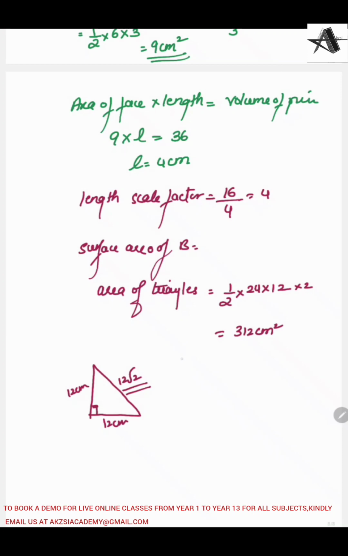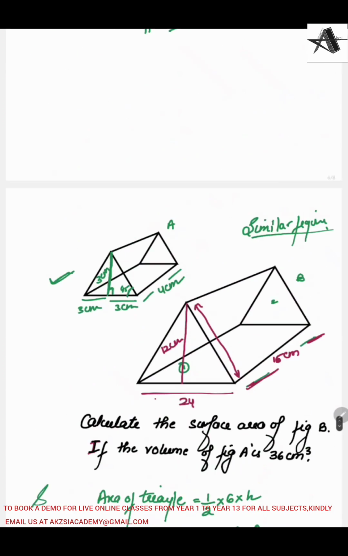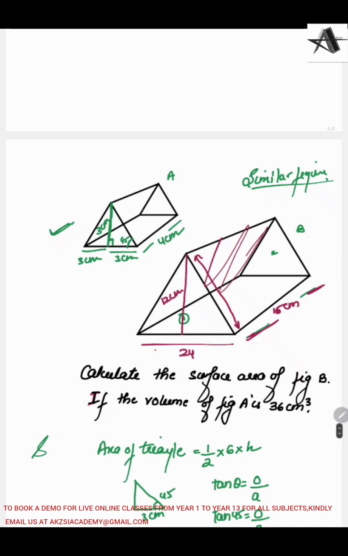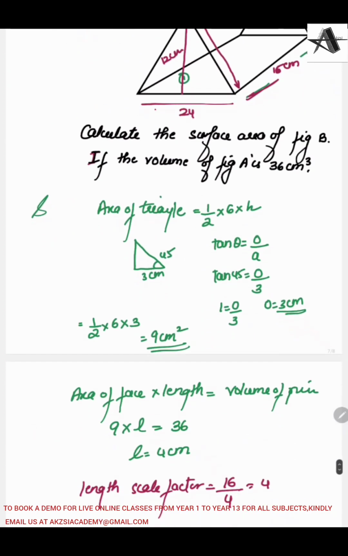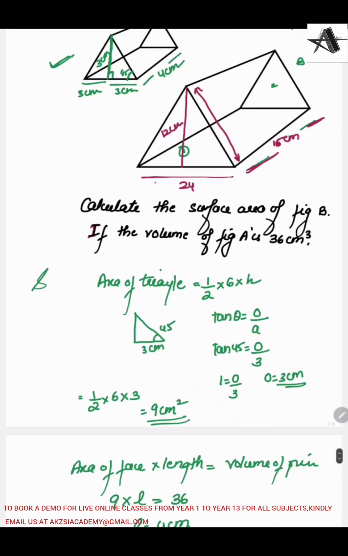So the area of the rectangle will be 16 into 12 root 2 into 2, because there are two such rectangles. One is this one and one is the one behind. And for the bottom one, it's 24 into 16, because this bottom one has length 16 and width 24.